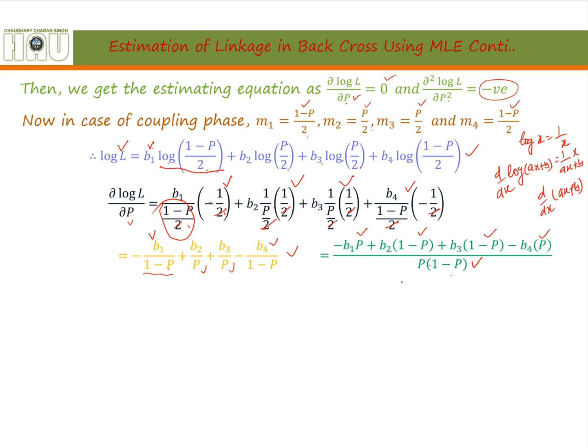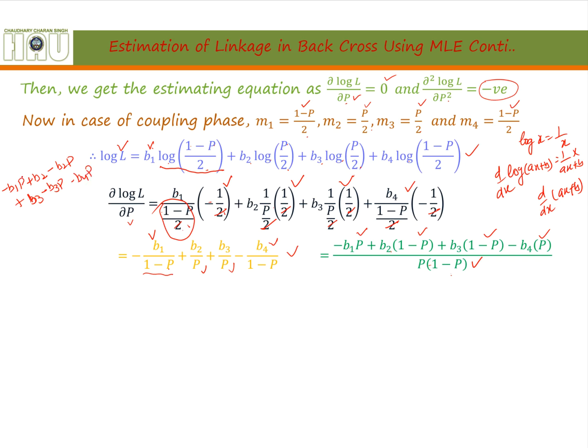So if I simplify this, it is minus B1P plus B2 minus B2P plus B3 minus B3P minus B4P.